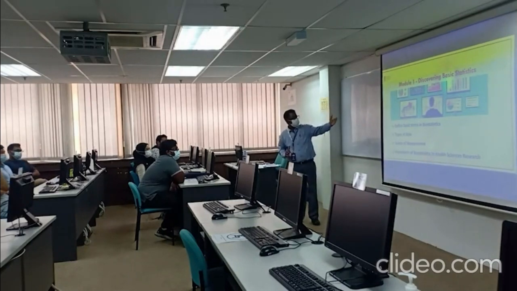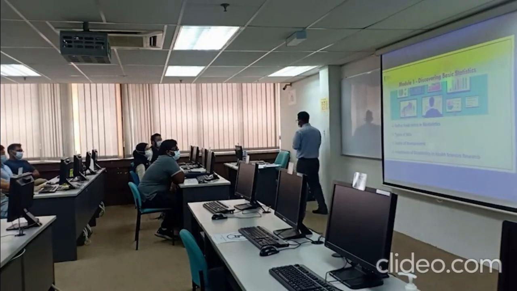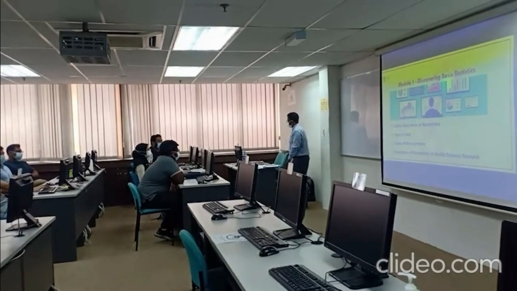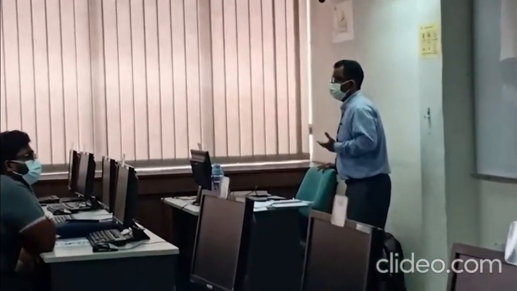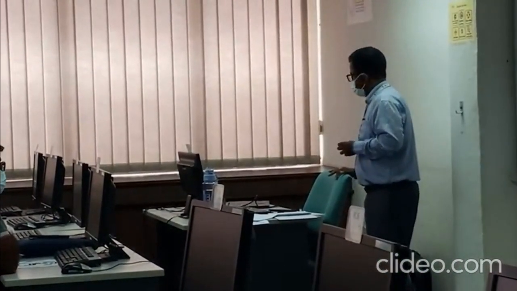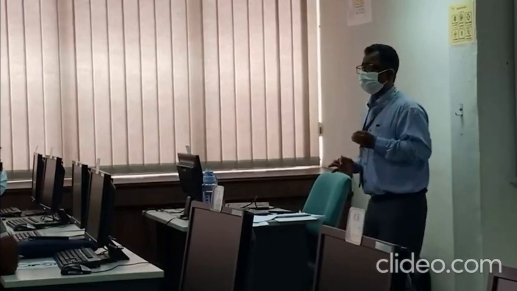These are the various contents of module 1. Define basic terms in biostatistics. What are the commonly used terms? Then types of data. What are the types of data? What are the scales of measurement?